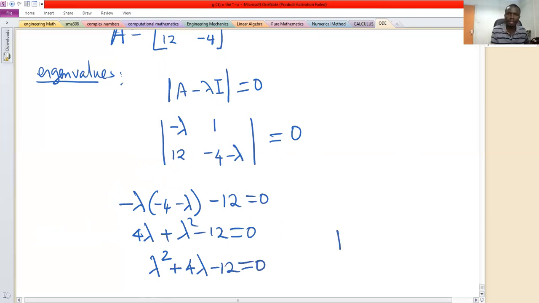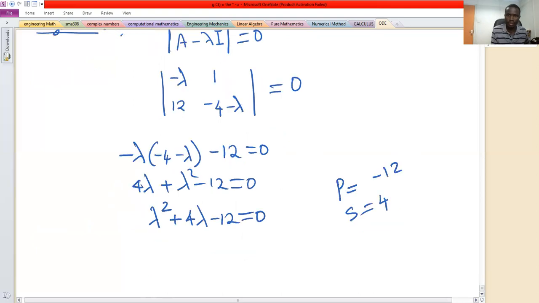And this is a quadratic, so the product is minus 12, sum is 4. So two numbers whose product is minus 12 and sum 4, they are negative 2 and 6.